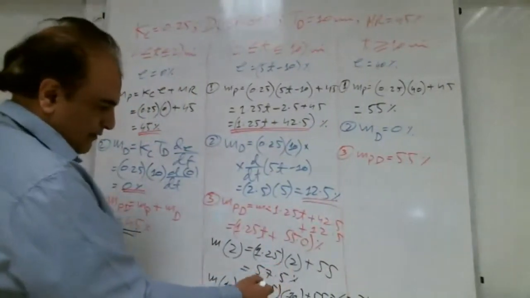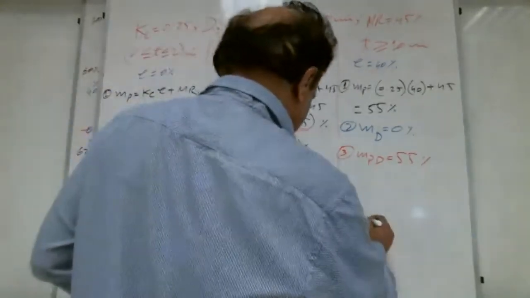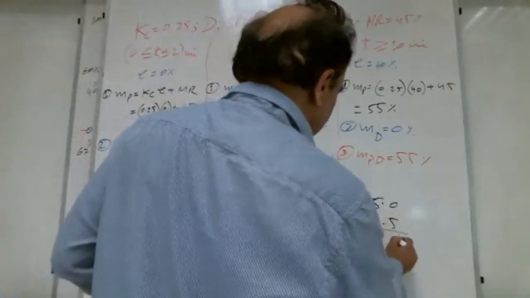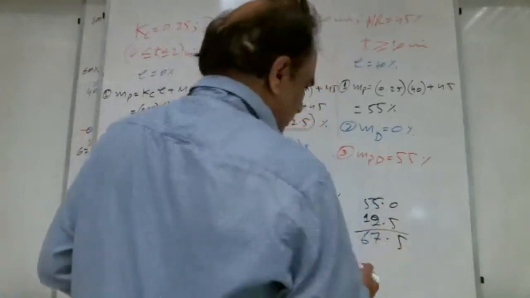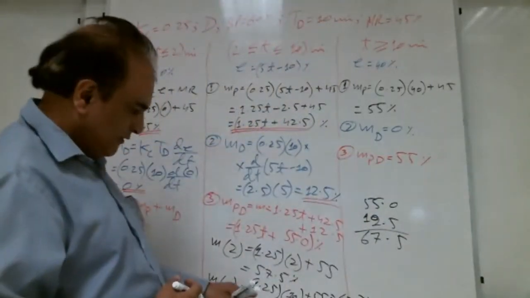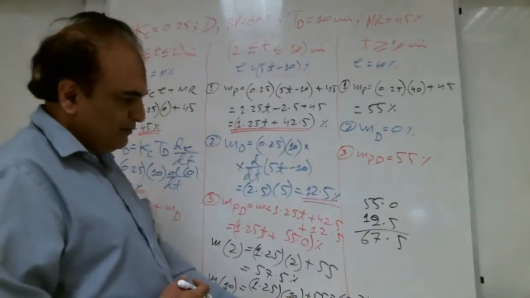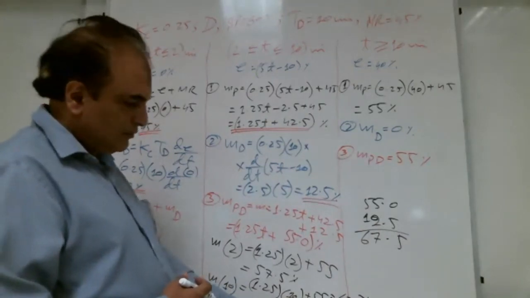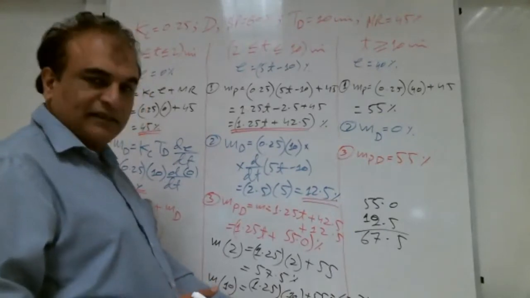Some brother told me that one. Okay, if you want to make it accurate, let's make it accurate. 10, 12.5 plus 55. 67.5. 1.25 into 10, how much, Shabab? Teacher, 67.5, right?